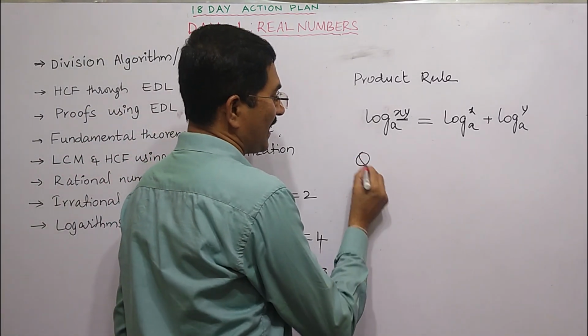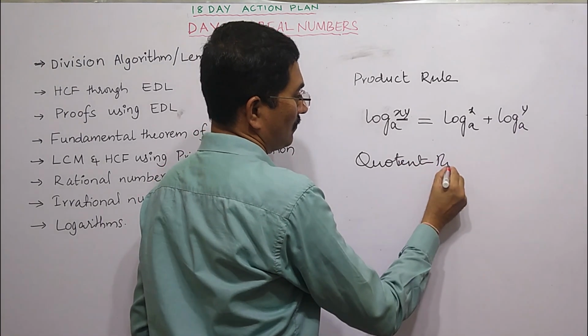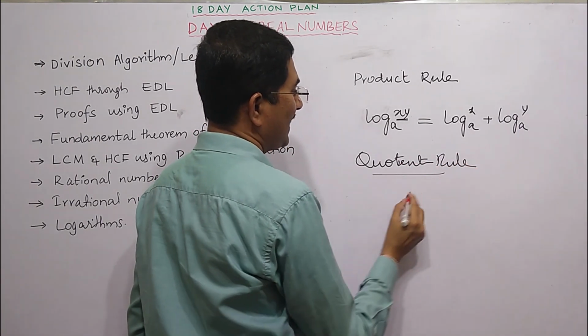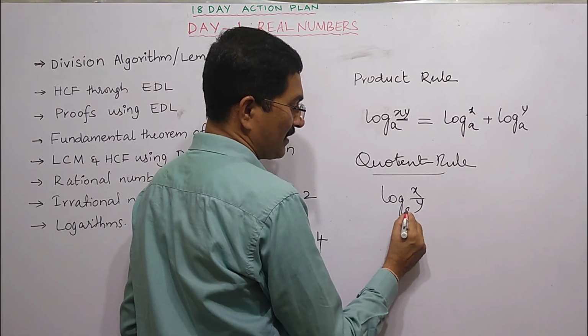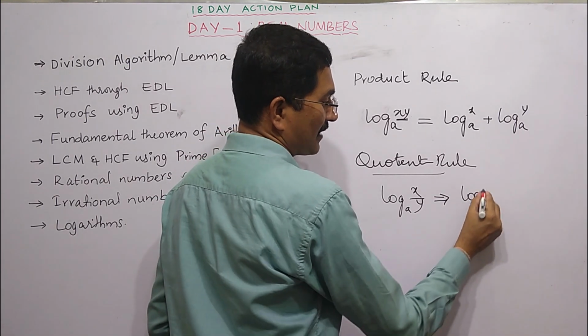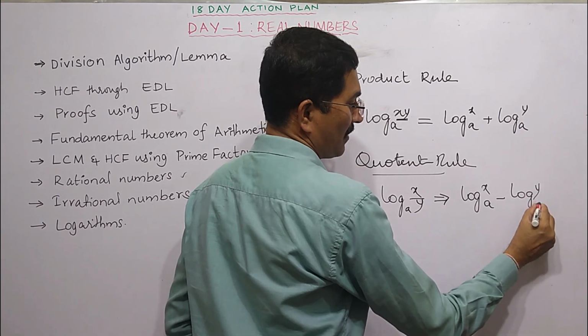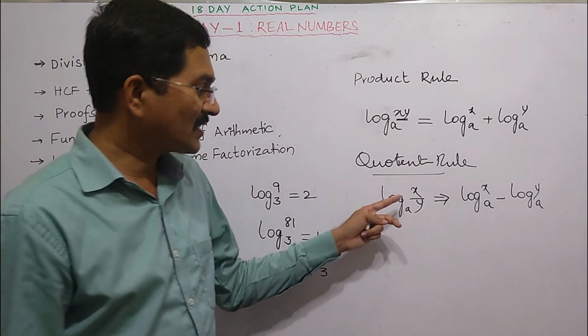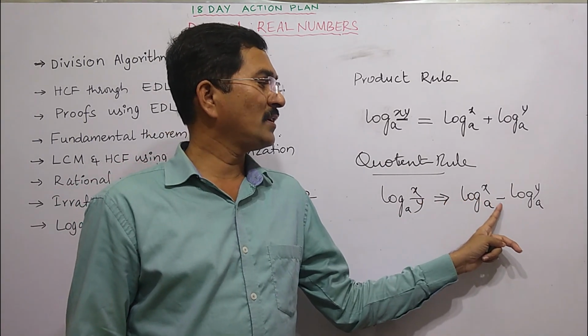The quotient rule says when you have to do log of x by y to the base a, you have to write it as log x to the base a minus log y to the base a. So instead of division, you are doing the subtraction.